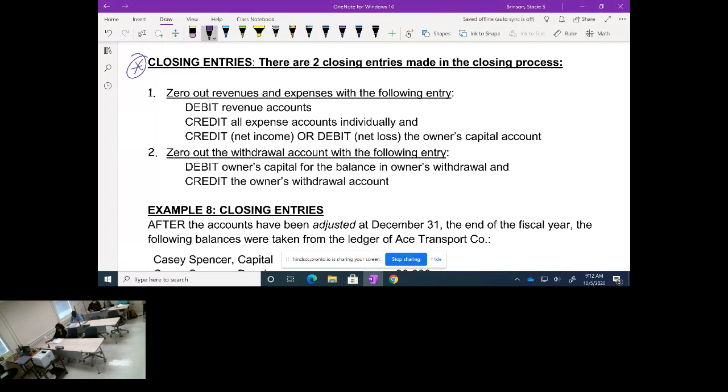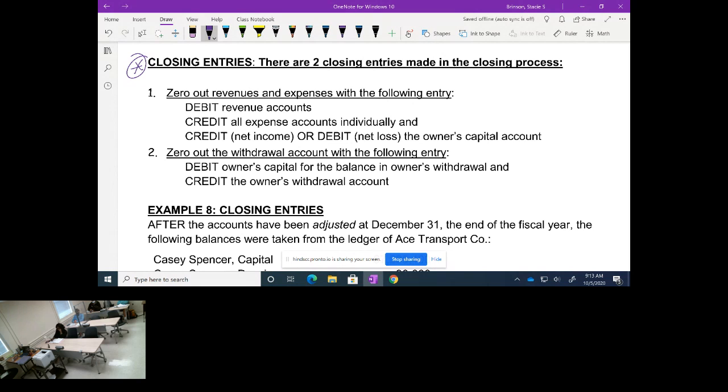In the first one, we're going to zero out our revenue and expense accounts by debiting our revenue accounts. So revenues normally have credit balances. So if we debit the revenue account for whatever's in it, the net effect is going to be zero balance. Then we'll credit all of our expense accounts individually, have to do each one, and then whatever the difference is goes to your capital account.